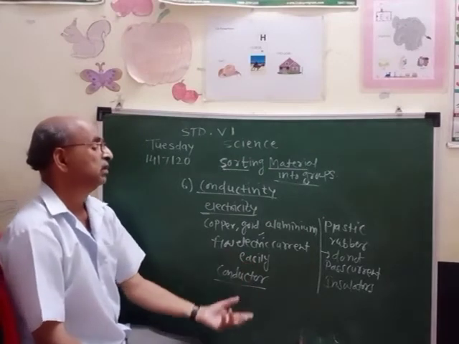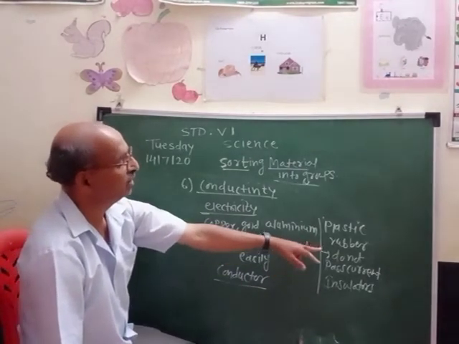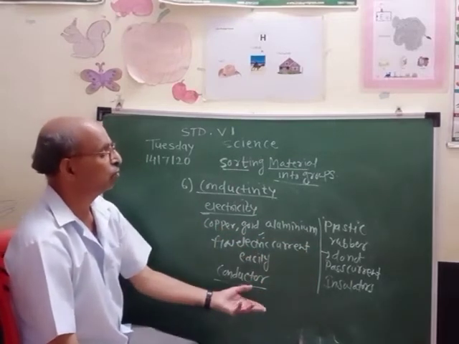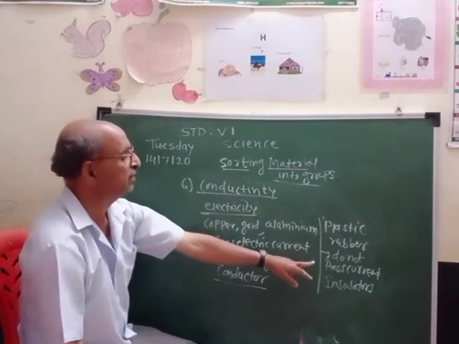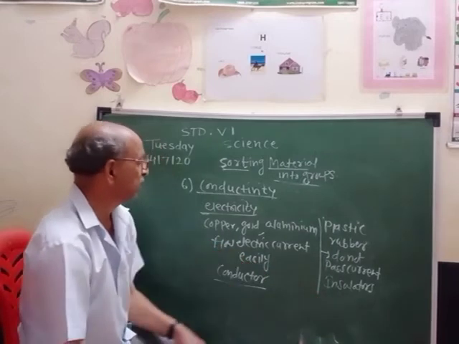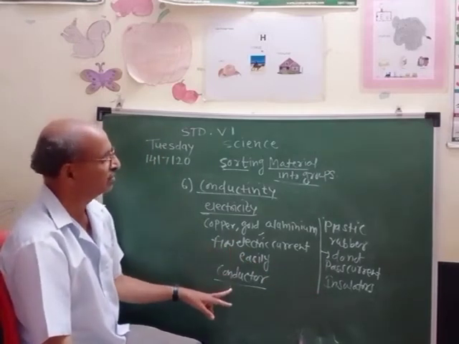When a person is working with electricity, he always uses rubber shoes, or a wood table or wood chair, because they are bad conductors of electricity, meaning they do not allow the electric current to pass. So they are called insulators. And those which allow the electric current to pass are called conductors.